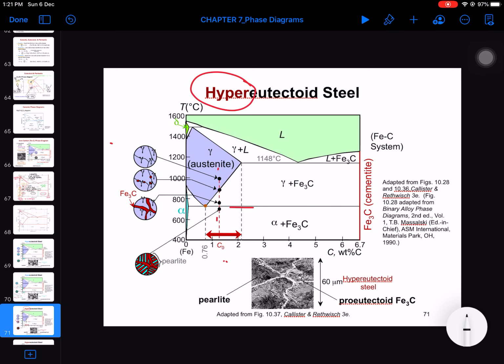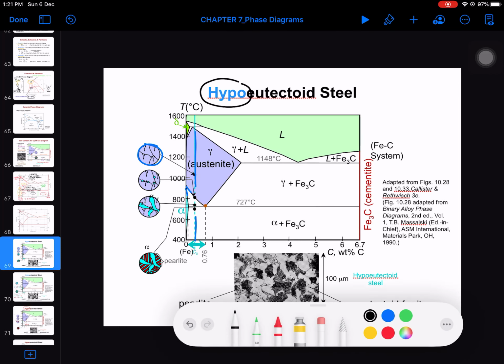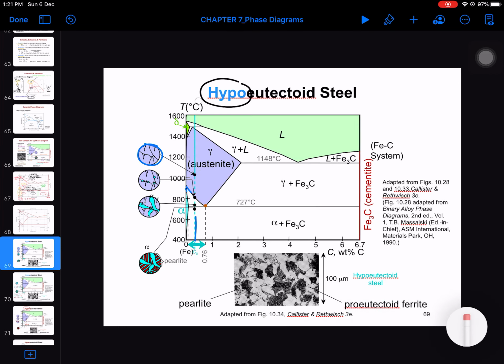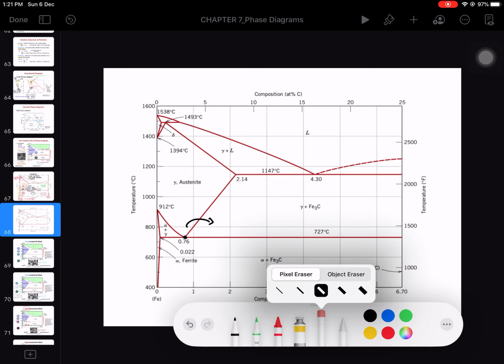So for all the compositions of alloy for hypoeutectoid steel, let's have a look at the microstructural development that occurs upon cooling. Let me just rub this off for you. Let's work on this one because it's easier for you to see.